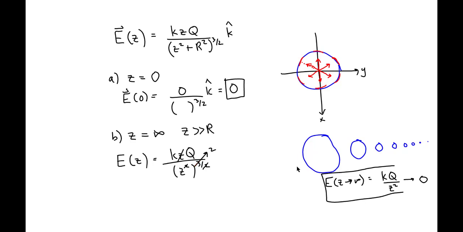So what we have left over is our electric field on the z-axis is kq over z squared. Just like we expected, the electric field along the z-axis should look like a point charge when we're very far away, or at least far enough away such that z is much, much bigger than r.